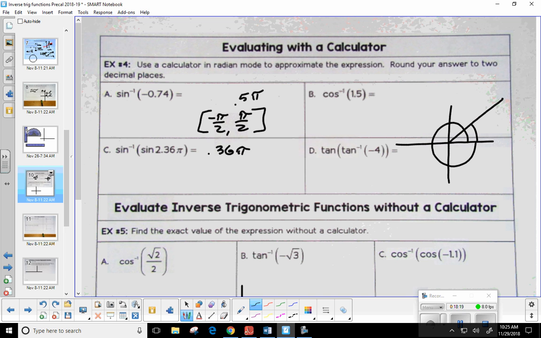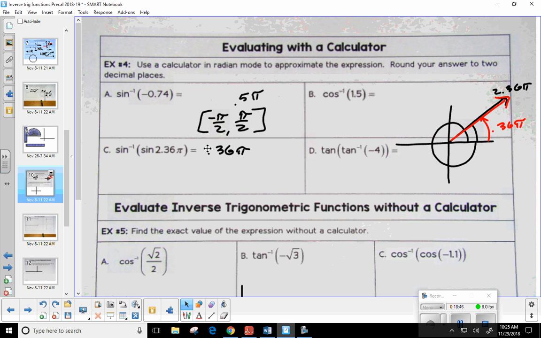So this right here is 2.36 pi. But 0.36 pi, what's the word we use for that? Coterminal. They're coterminal, and the 0.36 pi fits with my restriction that I have here. So I'm going to go ahead and say that my answer is 0.36 pi.